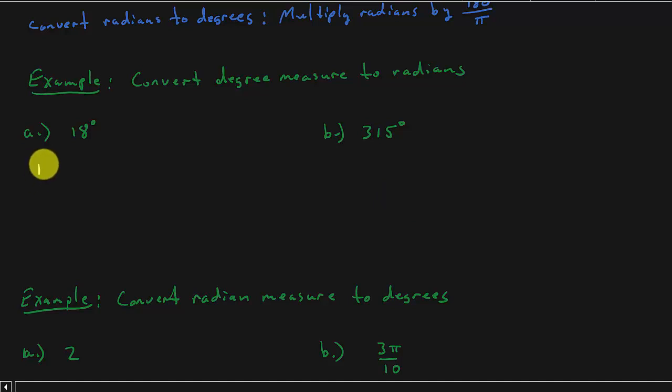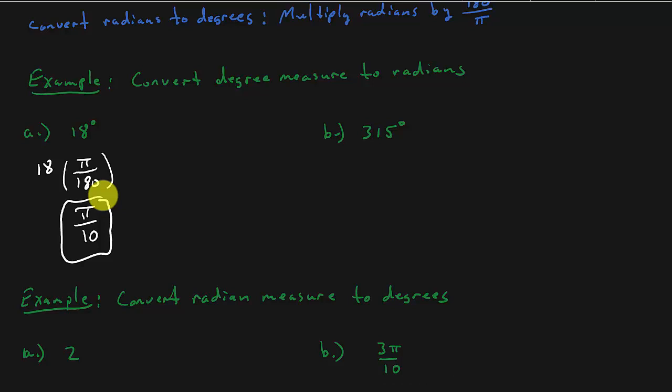So if we have 18 degrees, we're going to multiply that by pi over 180. And so that is going to give us pi over 10. Now, typically when we write our angle in radians, you keep it in terms of pi.